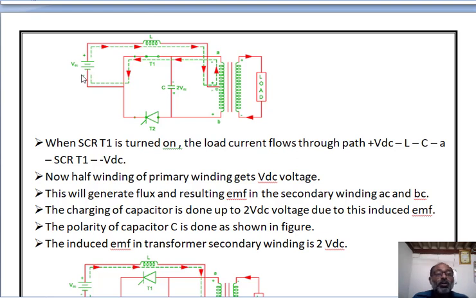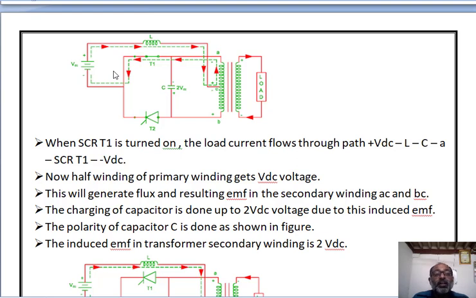So this is the load current passing through the circuit when SCR T1 is on. Now the half winding of the primary winding gets this VDC voltage. That means this primary half winding gets a DC voltage VDC.